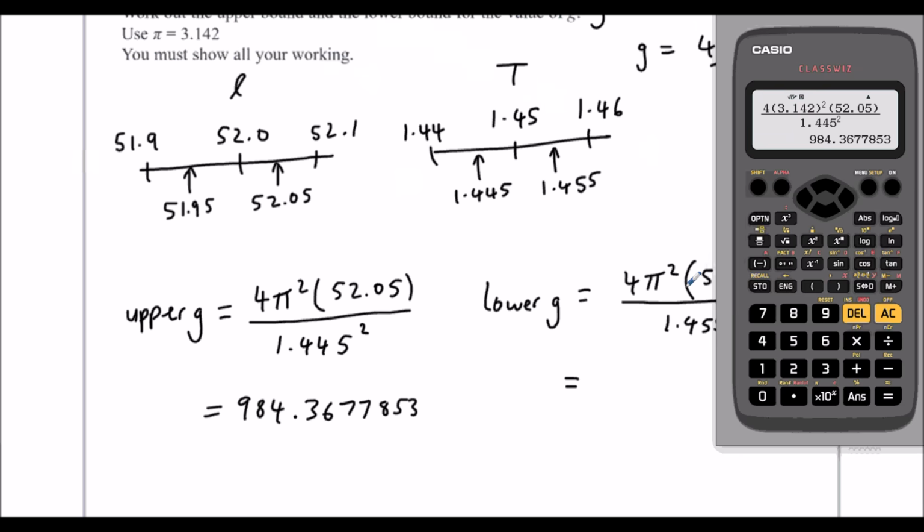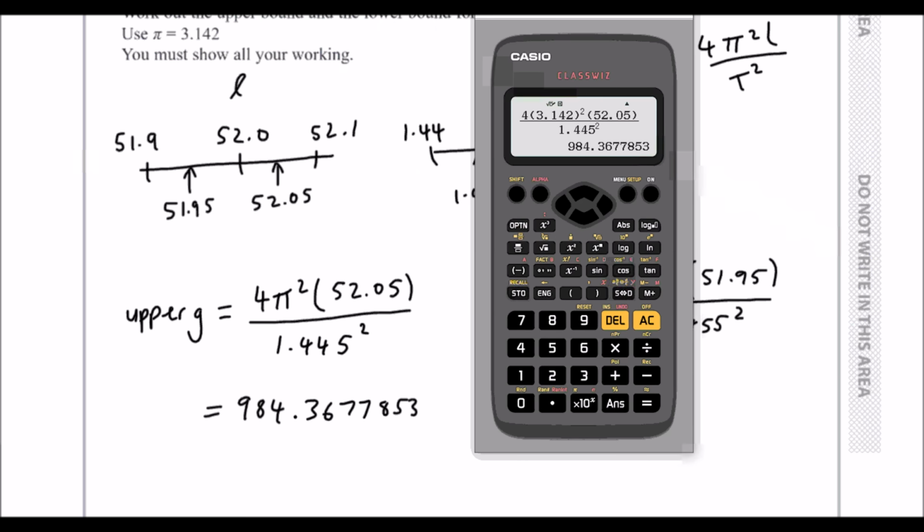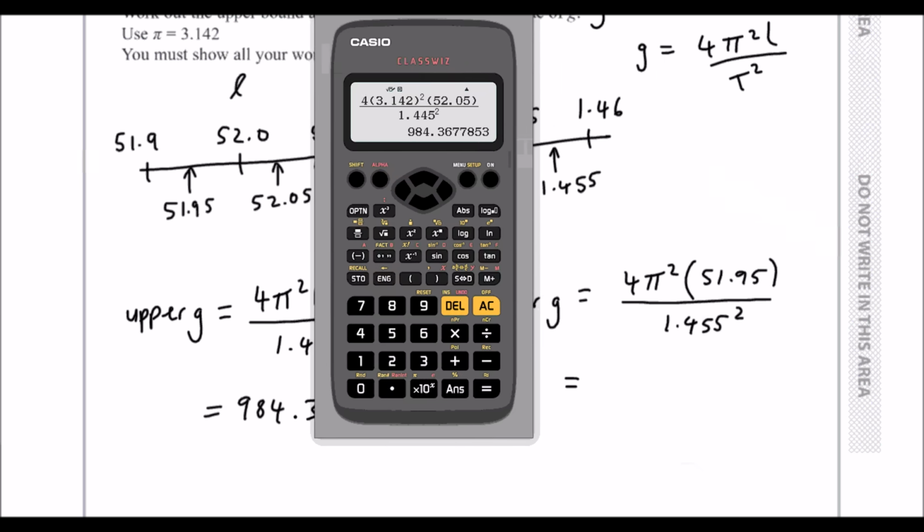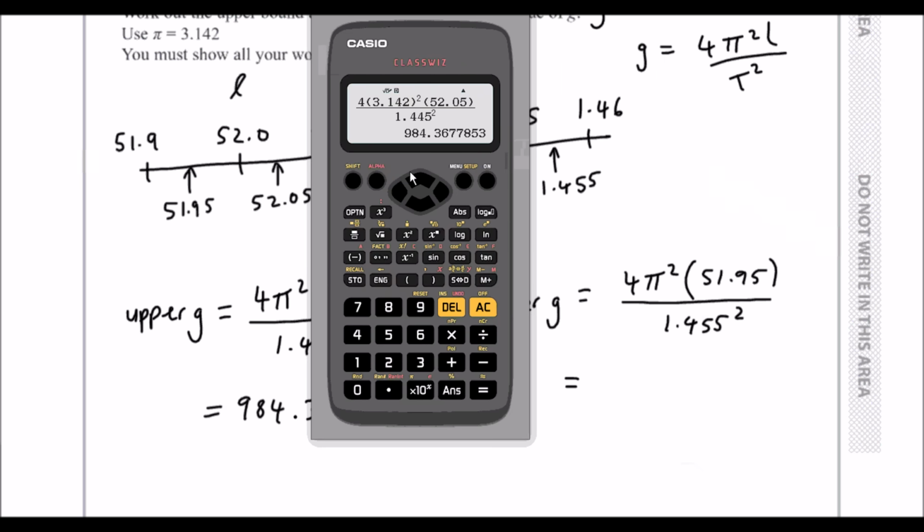And for the lower G, we're changing 52.05 into 51.95, and we're changing 1.445 into 1.455.